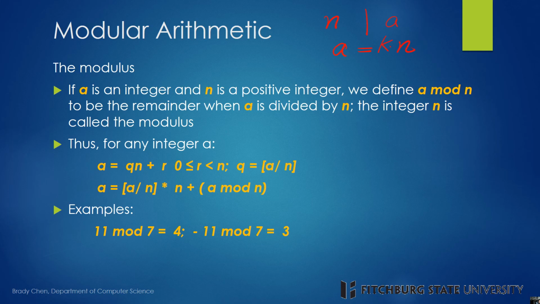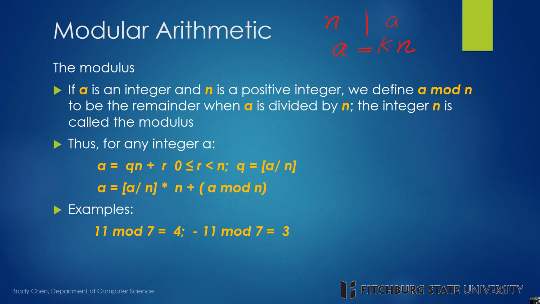Then we can say n divides a. That means a is a multiple of n. But what if n is unable to divide a? That means a is not a multiple of n.